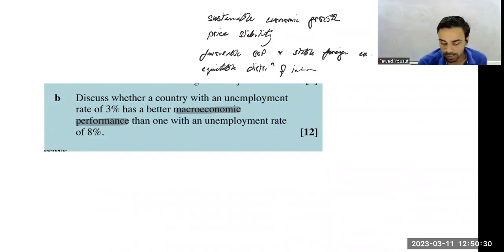So what I'm thinking here for my evaluation is that it depends. It depends on whether the country is going through massive inflation and unsustainable economic growth, right? This is like full employment with heavy AD increasing.